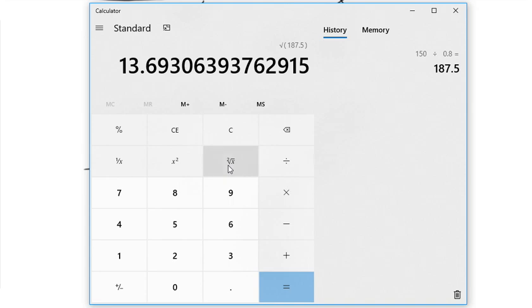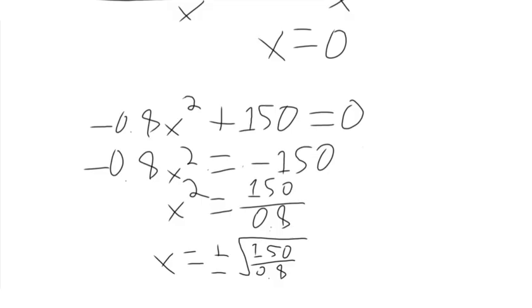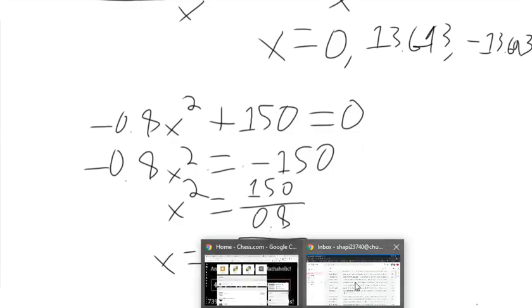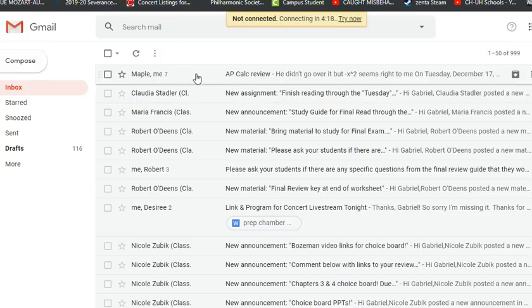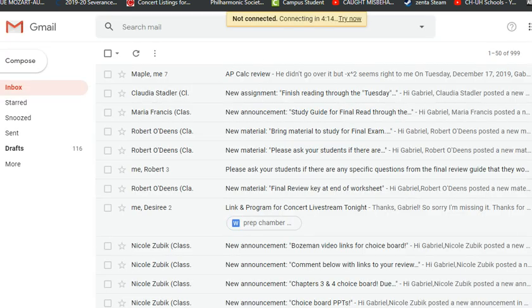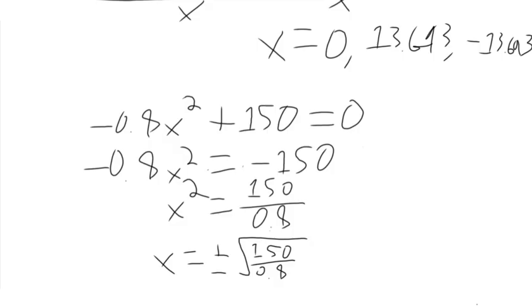And then we can take the square root of that, so it's about 13.693, and negative 13.693. Well, the question, they asked us for number of employees.